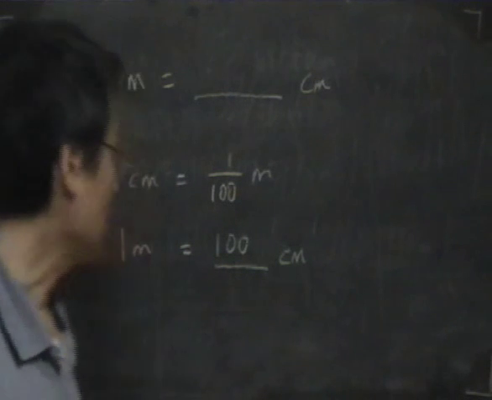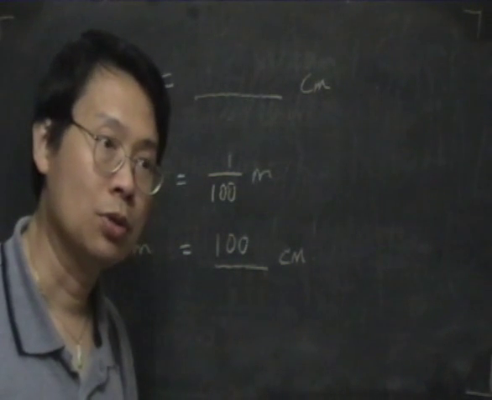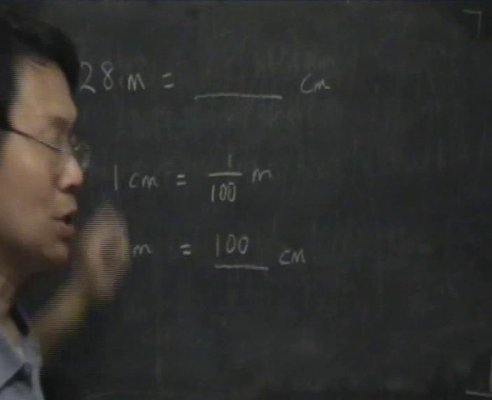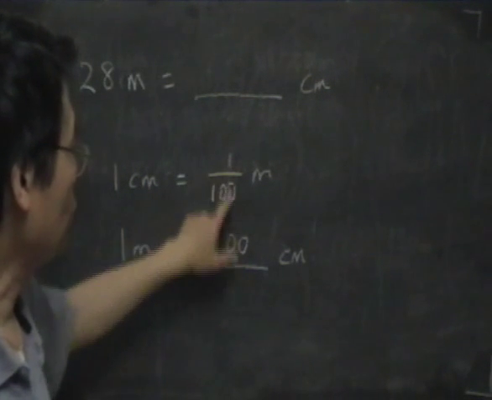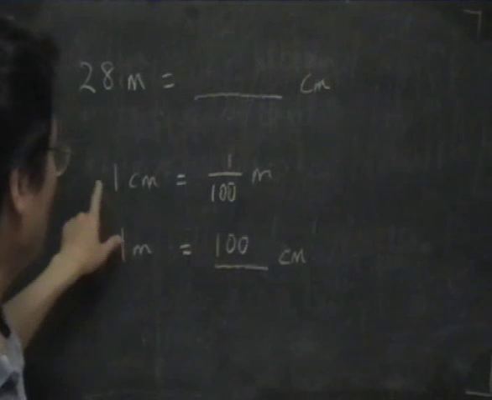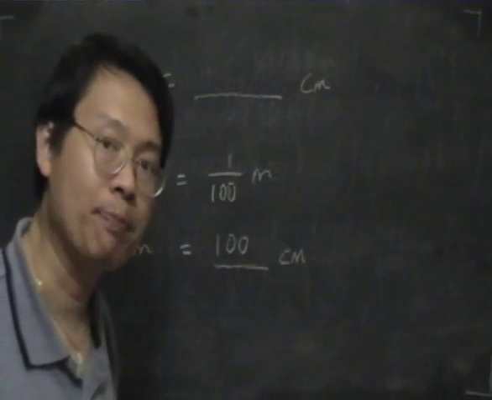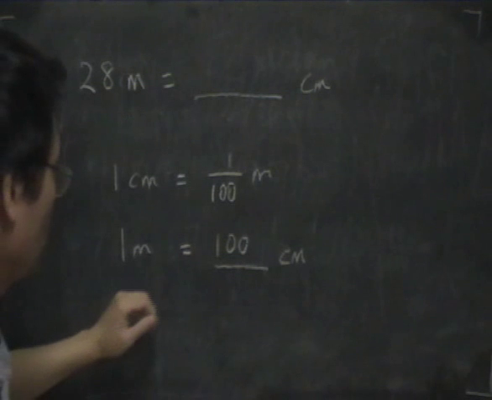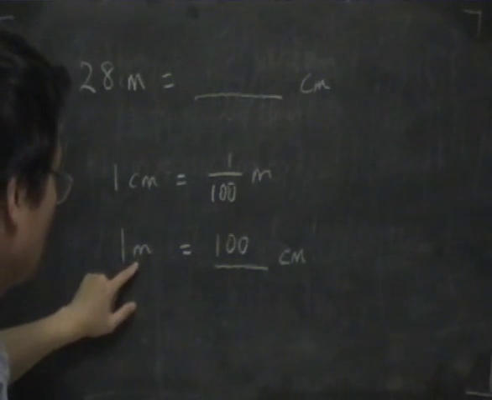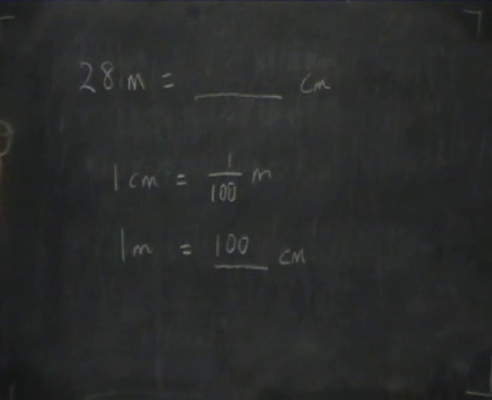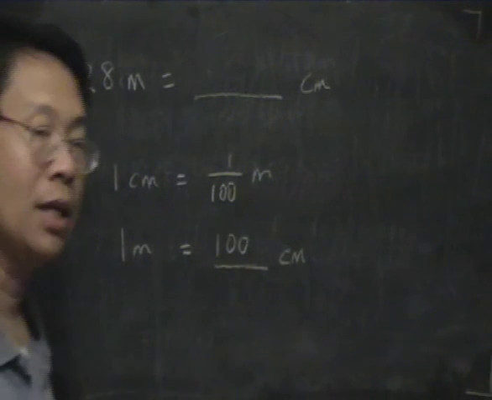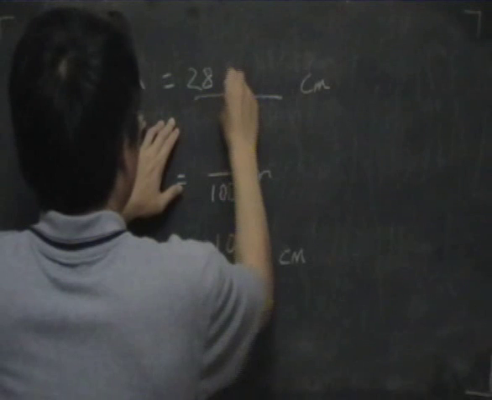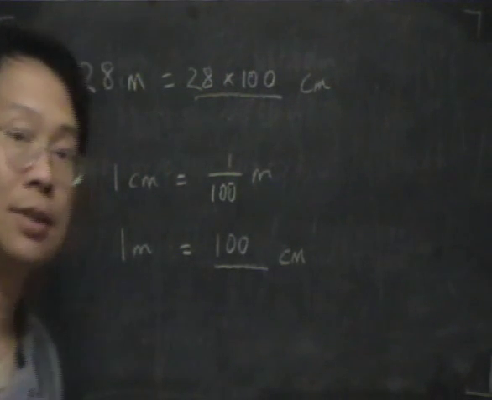Another way to think about it is to think about this like an equation. You can multiply both sides by 100. So 100 times 1 over 100 is 1. That gives 1 meter. And 100 times 1 gives the 100 cm. So either way, from this relation, we can see that 1 meter is 100 centimeters, and if you have 28 meters, that would be 28 times 100 centimeters.